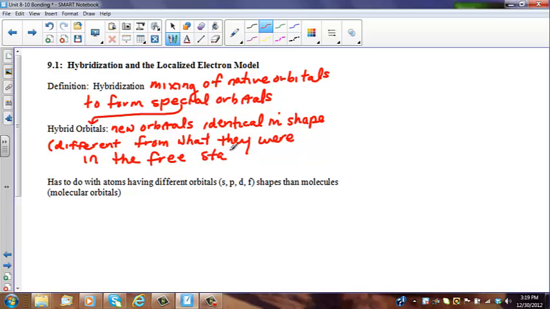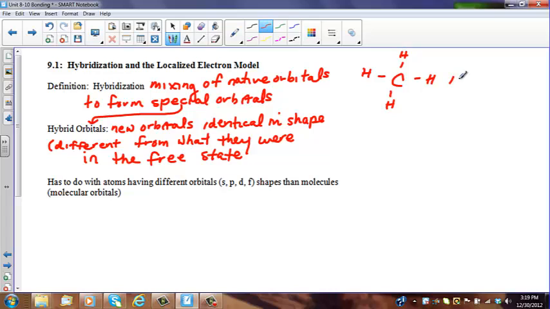All right, I want to use an example to kind of help drive this point home. Let's look at CH4. So the hydrogens have their valence electrons in the 1s, right? The carbon has their valence electrons in the 2s and the 2p, because we know that carbon ends in 2p2.